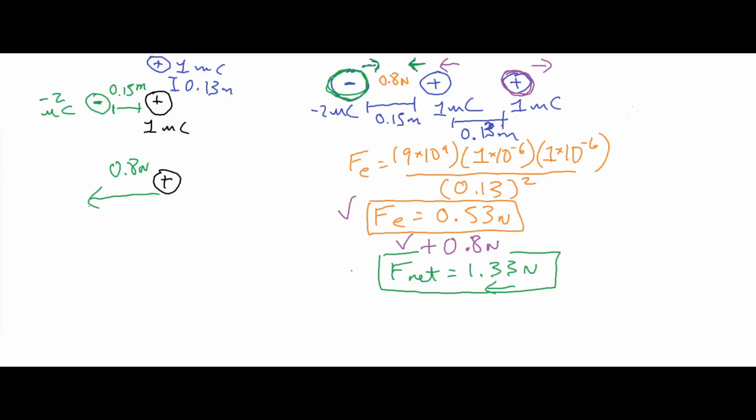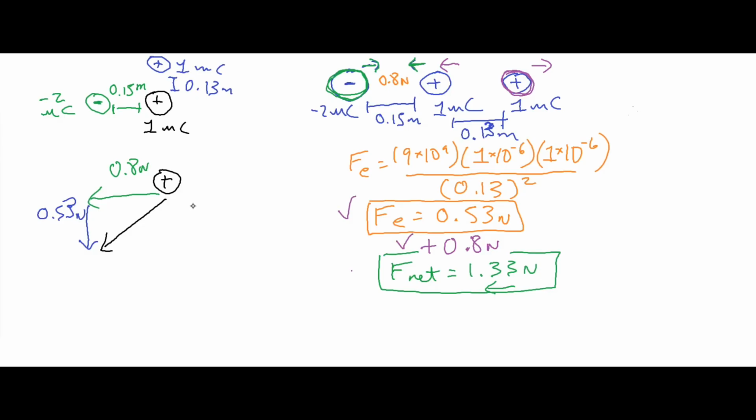When you add vectors, you have to go tip to tail, so where one vector ends, the next one starts. This one is getting pushed down, and that's where we got the 0.53 newtons. Now if we want the net force, all we have to do is use the Pythagorean theorem, and our resultant vector that closes the right triangle is our answer.